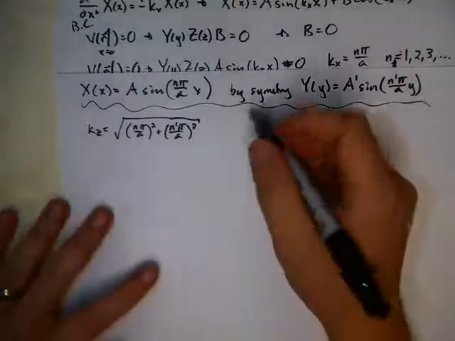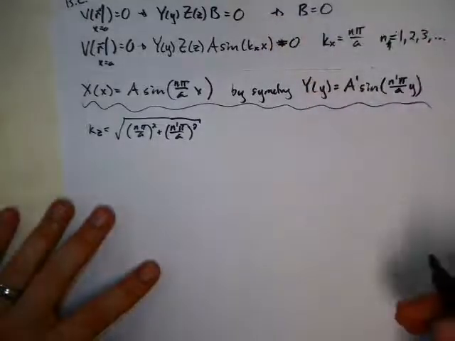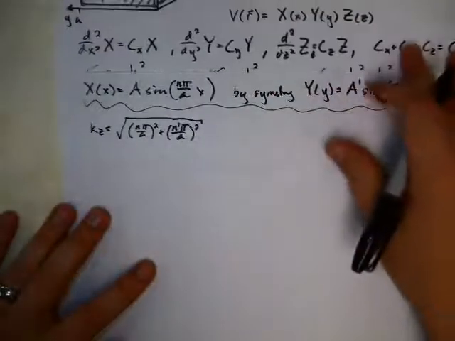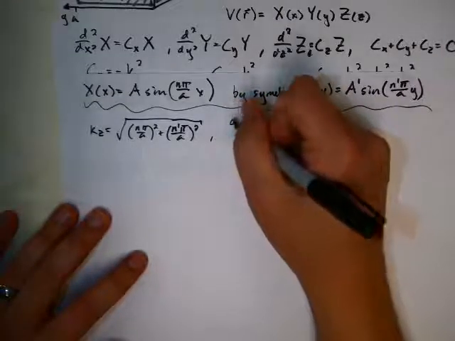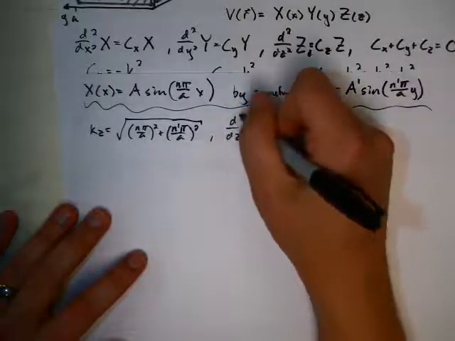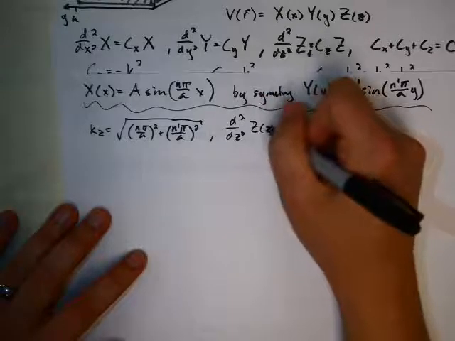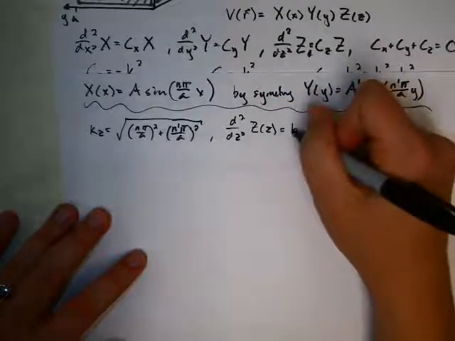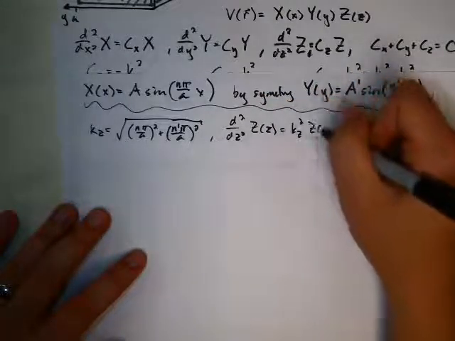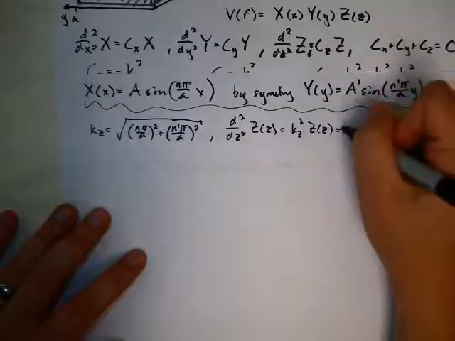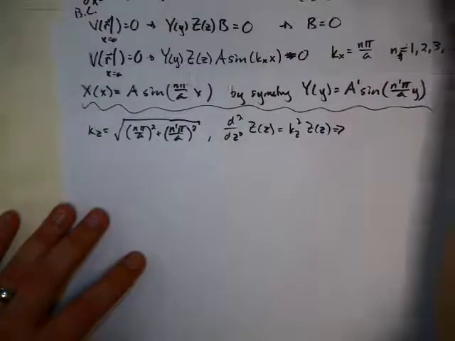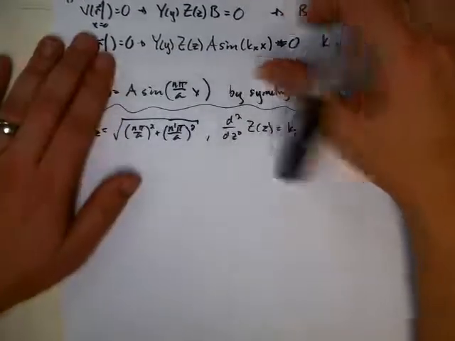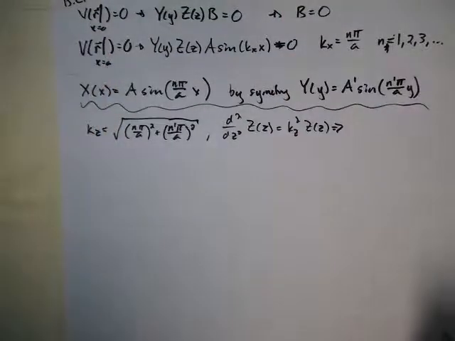I'm going to leave it as kz just because it's easier to do the algebra. The differential equation is, of course, this second derivative of z is a positive kz squared times z. The result of this could be positive and negative exponentials, so let's go ahead and work with that.